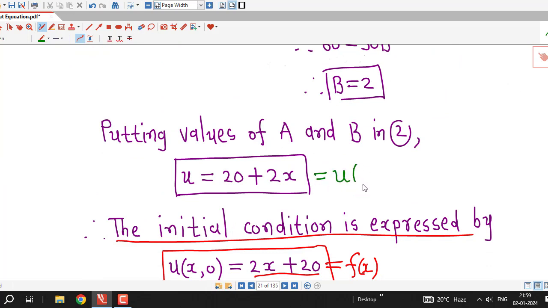This is the situation at time t equal to 0, and after this they are considering the change in temperature. So they are considering that the temperature at both the ends is reduced to 0 degree Celsius.